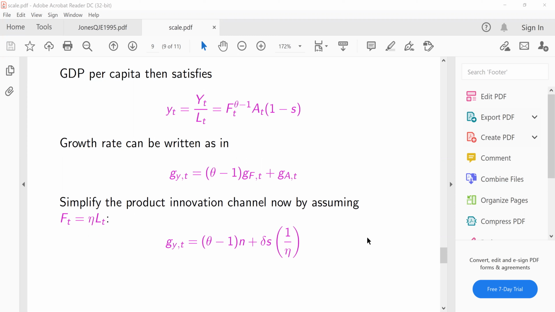Or they can also invest in knowledge. Knowledge is a stock variable. It has a return as well. So both types of innovation have a return, and in equilibrium, with no arbitrage, those returns will be equal.